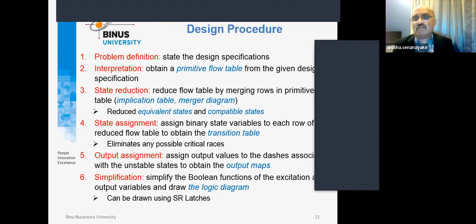So now we have the fundamental basic background to go for designing asynchronous sequential circuits. Similar to combinational circuits, you can see that we have 6 steps, and you have to follow these 6 steps to come up with a complete asynchronous circuit design.